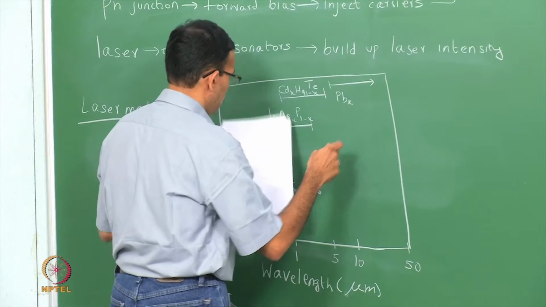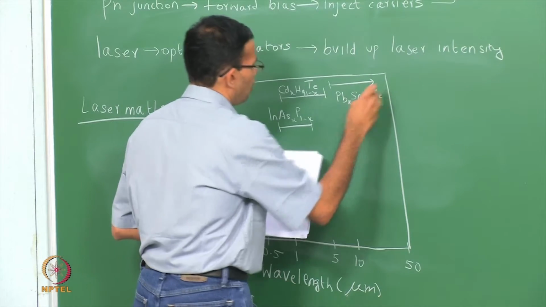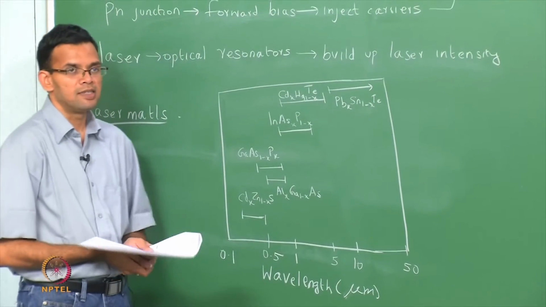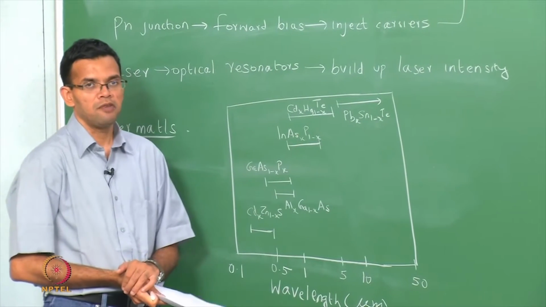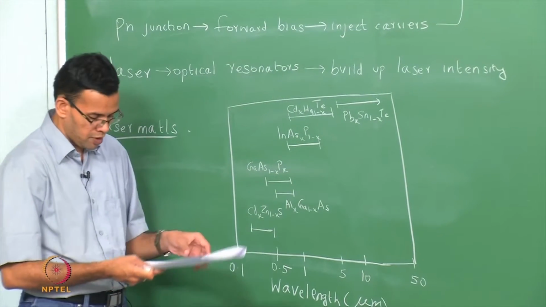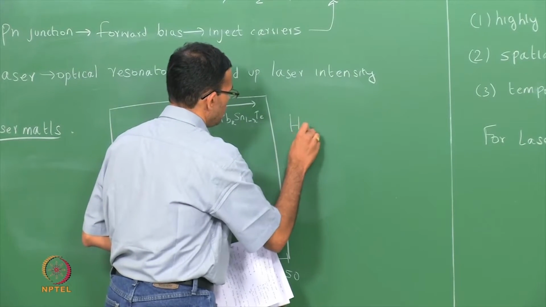So, this is not a complete list. There are a whole bunch of other materials that can be used, but this sort of gives the operating wavelengths of some of the common materials. Usually heterostructures are used.